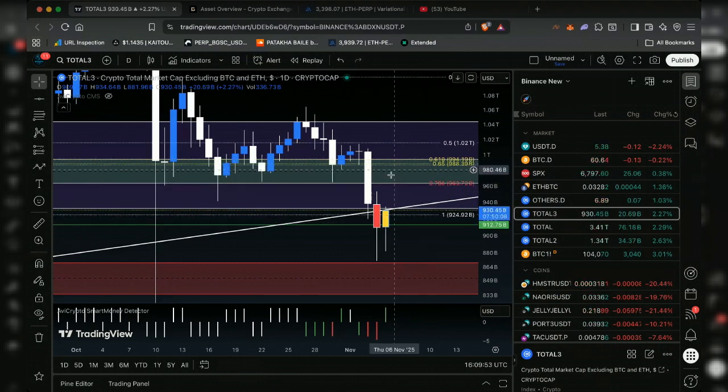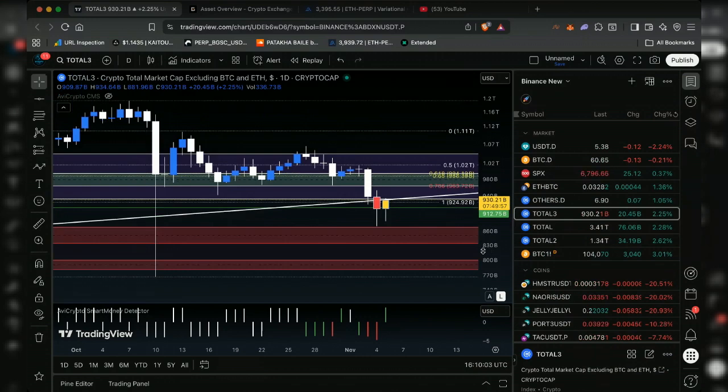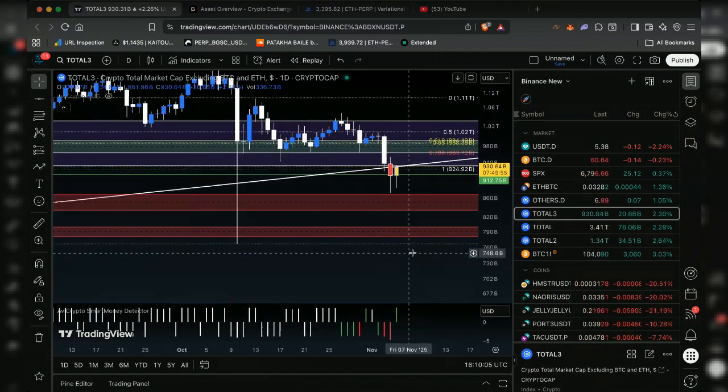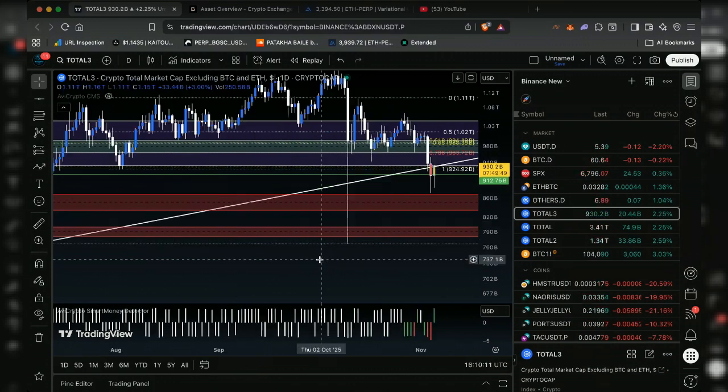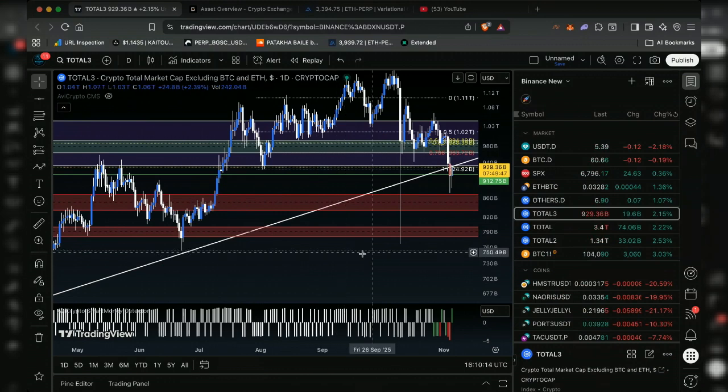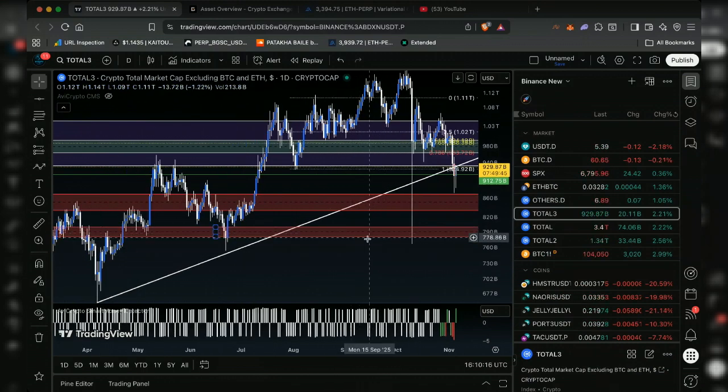So we can pump a little bit till here, right? We can see the altcoins recovering in the market for like 4 to 5 days. We tap this and then we move below this, right? What level I'm seeing is that this wick will be filled fully around 750 or 780 something. The Total 3 will come and tap this second zone here in the upcoming weeks or days.